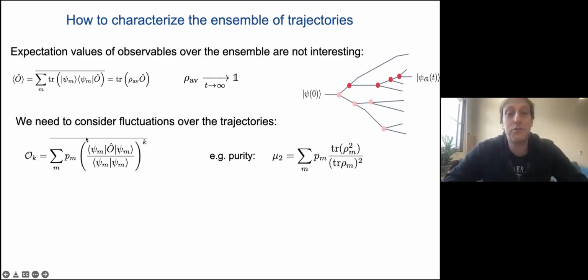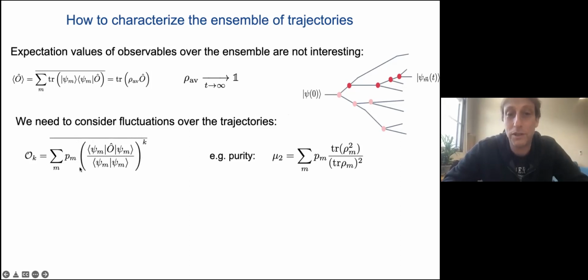So at least I need to consider fluctuations over trajectories, which are encoded in the second moment. So instead of looking at the expectation value of an operator in the state and then averaging over the state, I can look at the expectation value of that operator squared, or to some power, and then average over all the possible measurement trajectories.